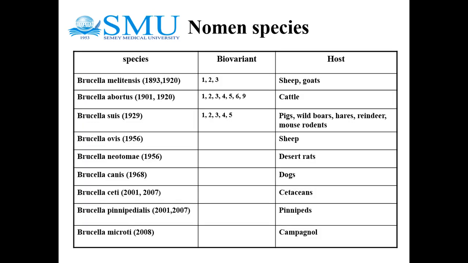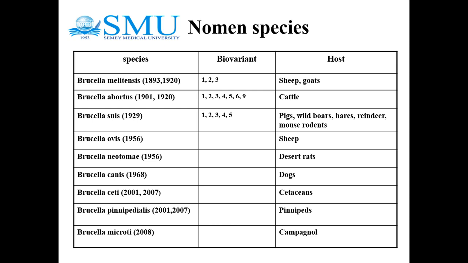Nomen species: the first column is species, in the middle biovar, and the third column is host. Brucella belongs to the family Brucellaceae. DNA hybridization studies reveal that the members of the genus Brucella are very closely related and probably represent variants of a single species.